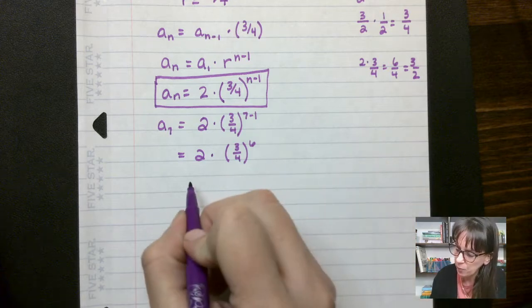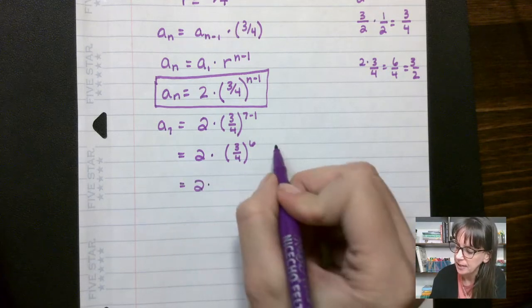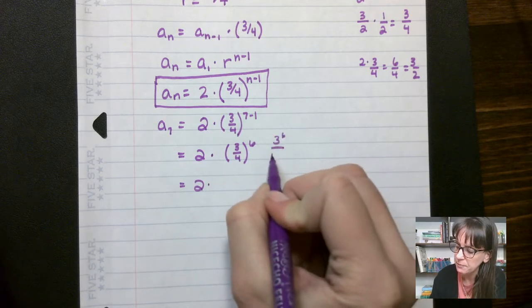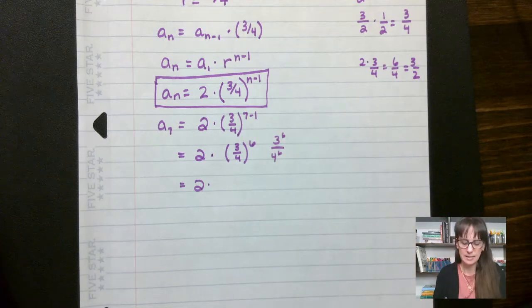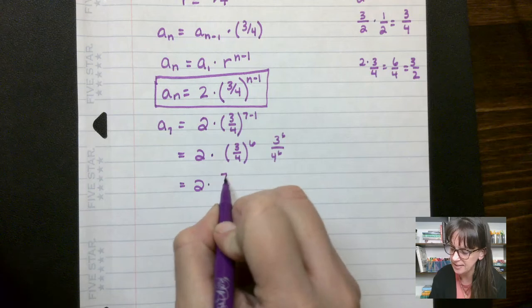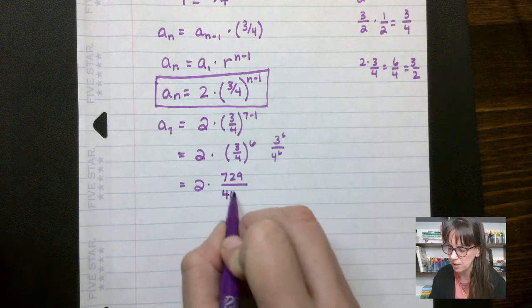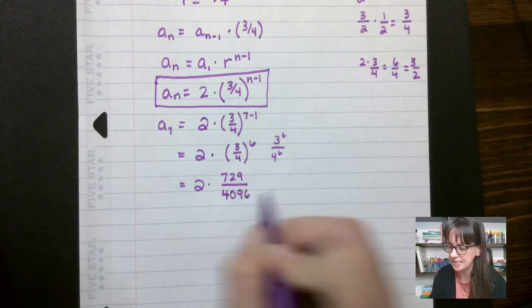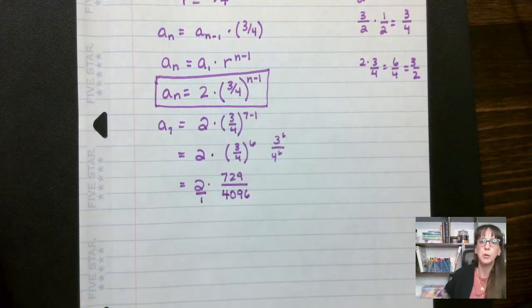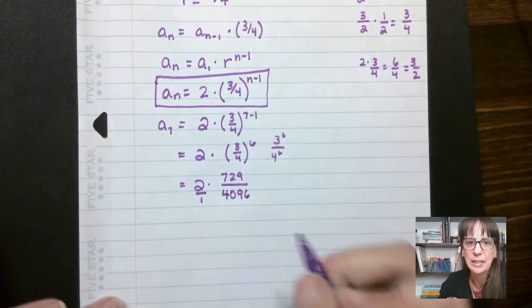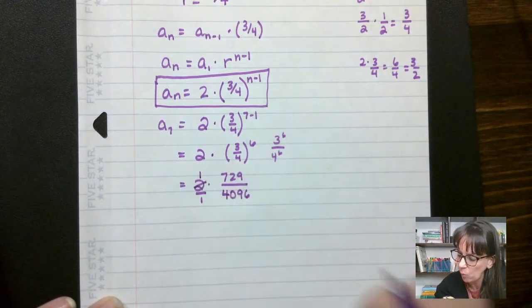So we end up with 2 times 3 to the 6th over 4 to the 6th. 3 to the 6th power is 729, over 4 to the 6th power, which is 4,096. And then I've got to multiply that by 2. But remember, I can cross cancel here. I divide this by 2, I get 1.